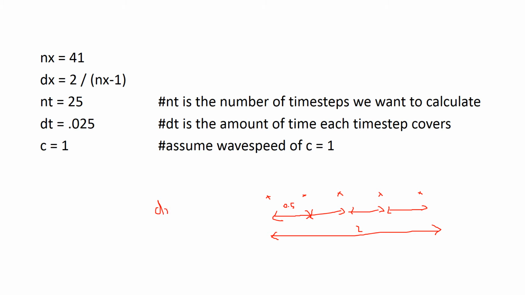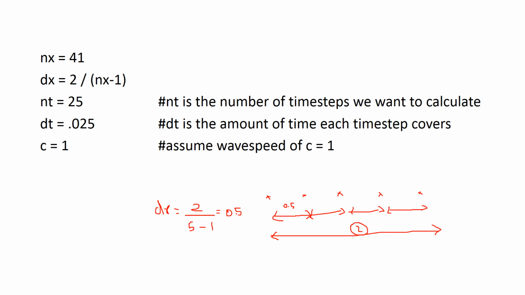So how do you get it? This distance dx can be written as: what is the total distance here? Total distance is 2, divided by what is the total number of points here? 5, so 5 minus 1. So this will give us 0.5.